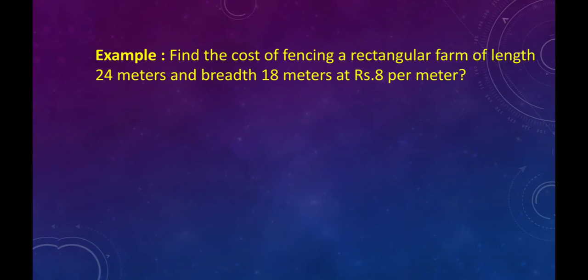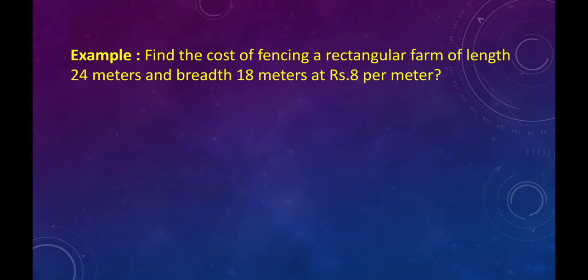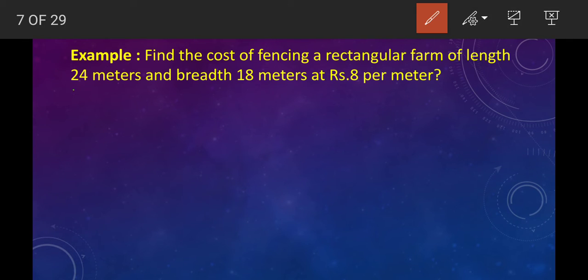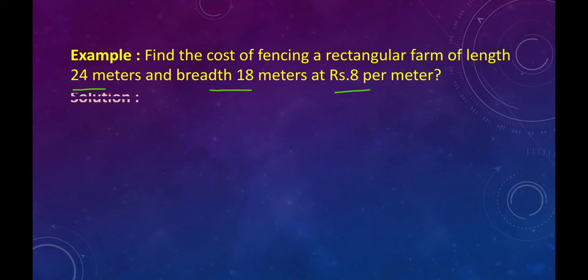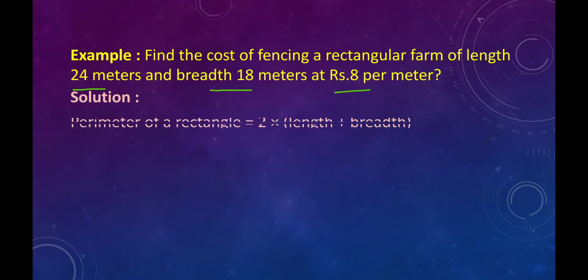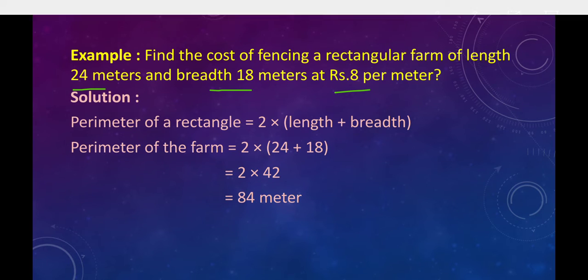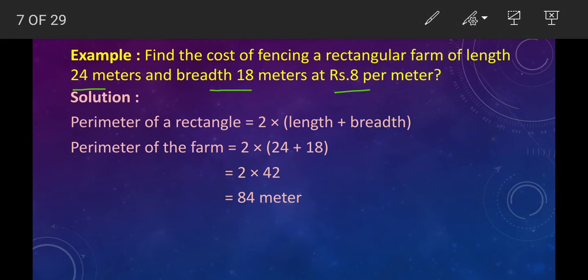Come to an example. Find the cost of fencing a rectangular farm of length 24 meters and breadth 18 meters, at the rate of 8 rupees per meter. We have to first find the perimeter of this figure. Perimeter of rectangle equals 2 into (length plus breadth). We are given the length and breadth, so put the values here.